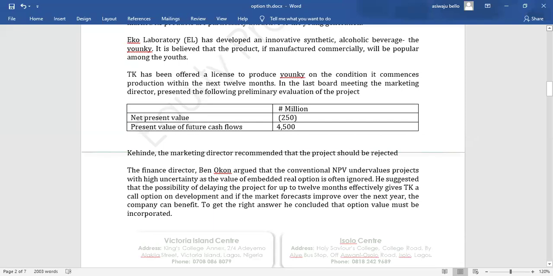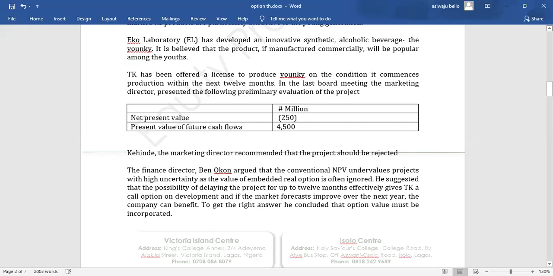Hence, ordinarily, such project should not be accepted. We have commented on the view of the marketing director.